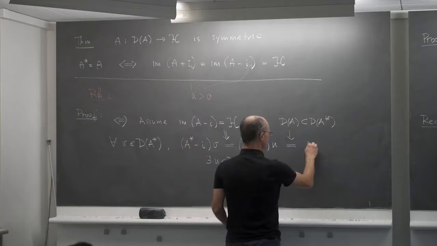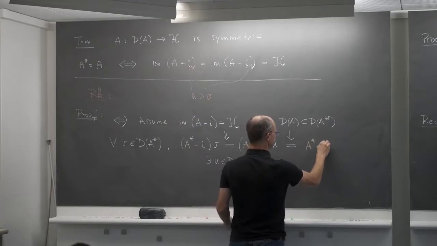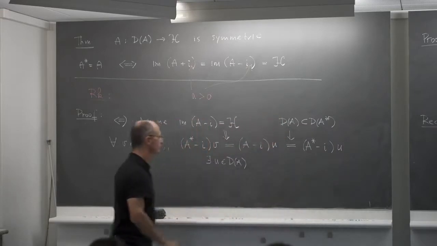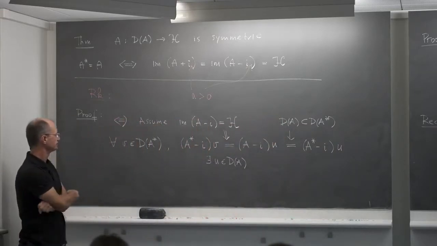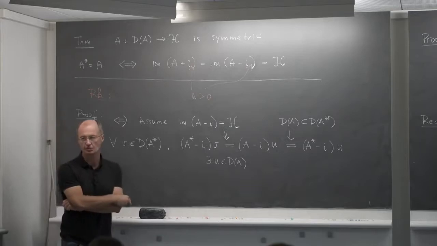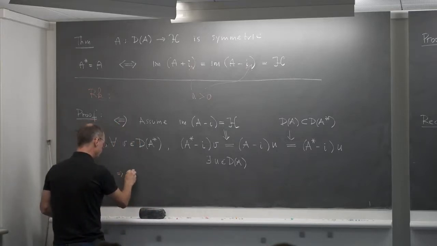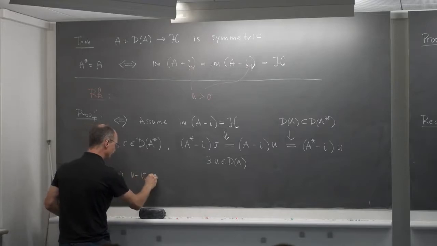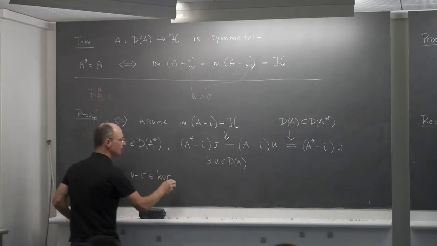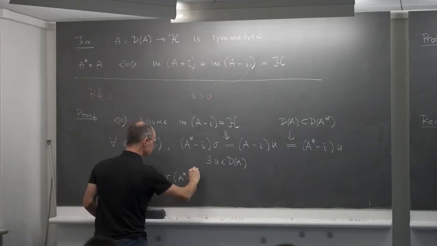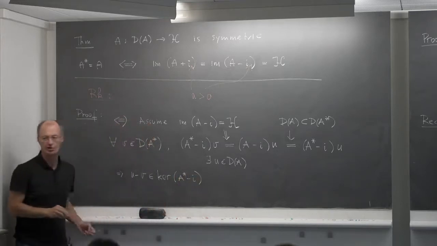So this means that this is actually equal to A star minus I u. Well, so this implies that the vector u minus v is in the kernel of A star minus I.